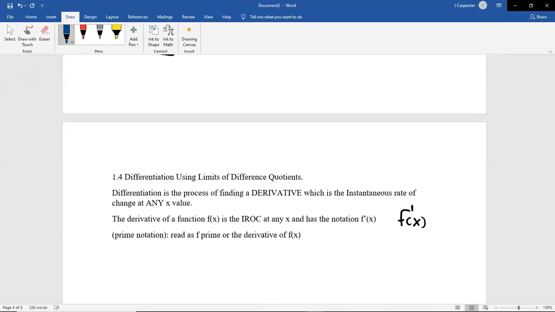All of these things relate to slope at a singular point. Instantaneous rate of change is a slope at a singular point, as we already said. I'm just saying the same things over and over to make sure that we really get the idea.